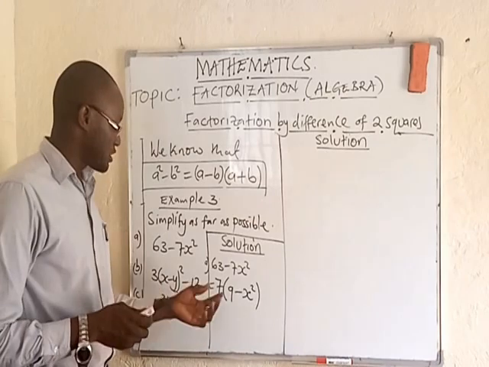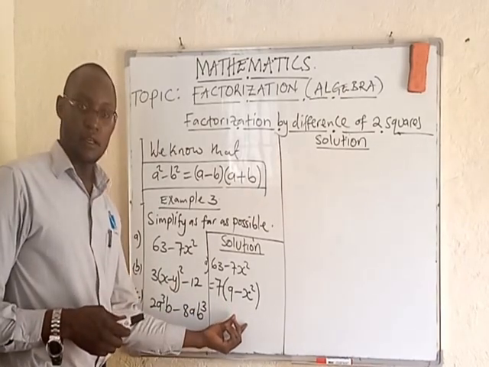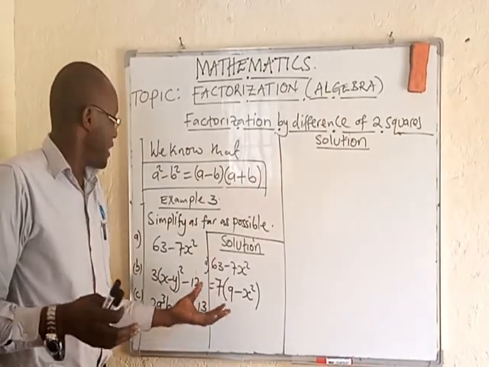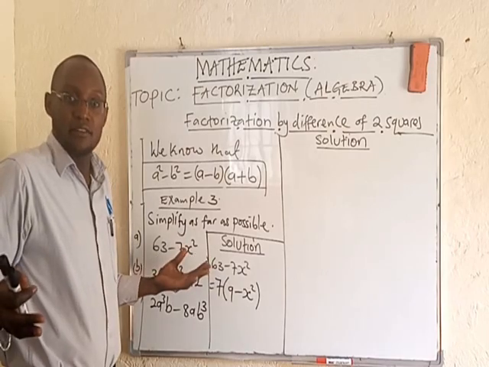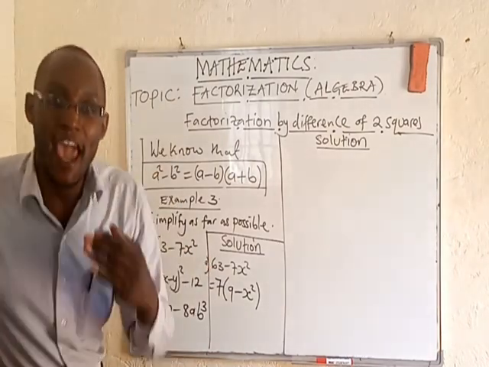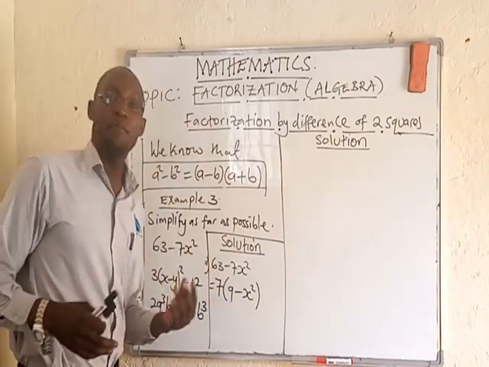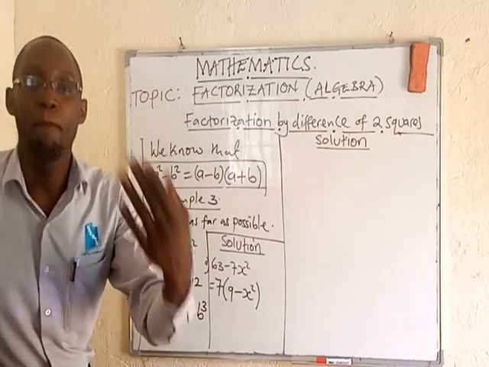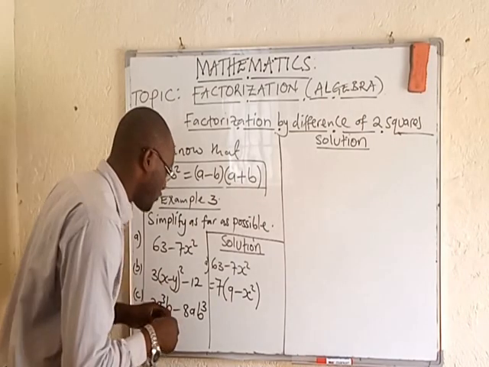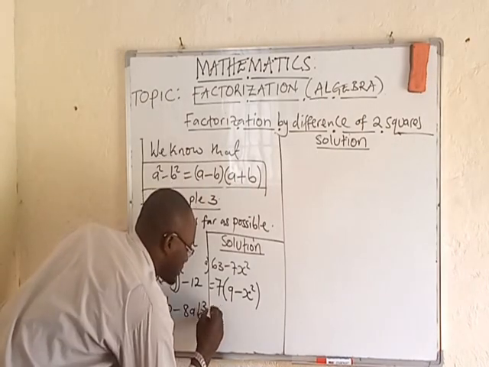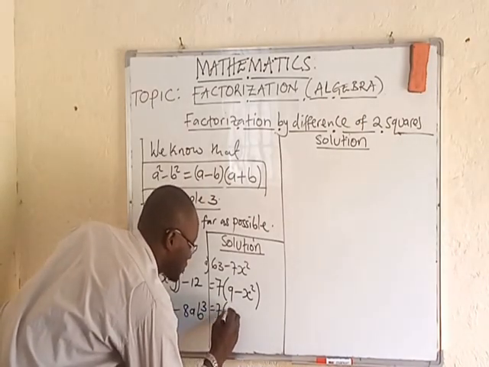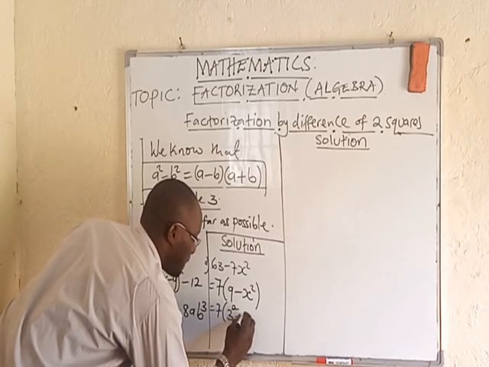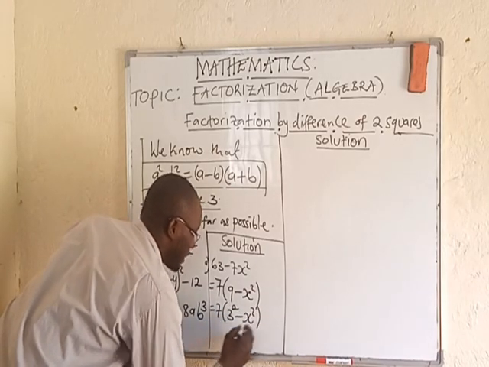Now let us put the focus on the brackets. Can they produce a difference of two squares? The answer is yes. How? 9 can be expressed as 3 power 2. So we write that: 7 out, 3 power 2 minus x squared.